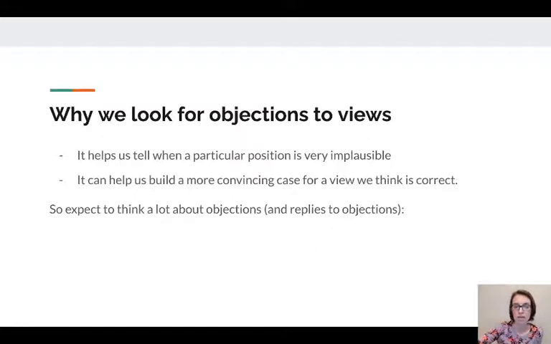And it can also just help you be clear about what the most compelling argument for your position is. So that's why we're going to be looking at objections to views very frequently in this course, to help us advance more compelling arguments.